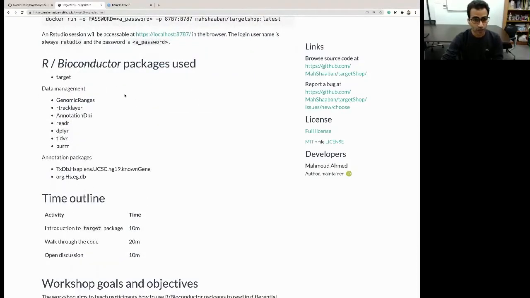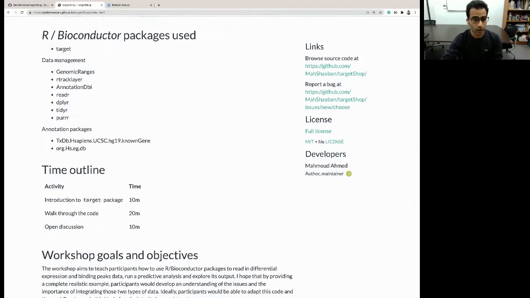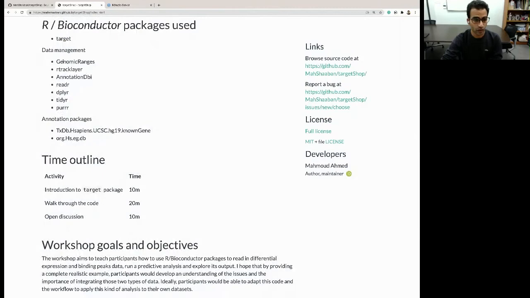So the R and Bioconductor packages that I'm using in this workshop are mainly the target package and some other packages that are very powerful tools to read in data and manipulate data to the certain format that I would like to use for the specific analysis.